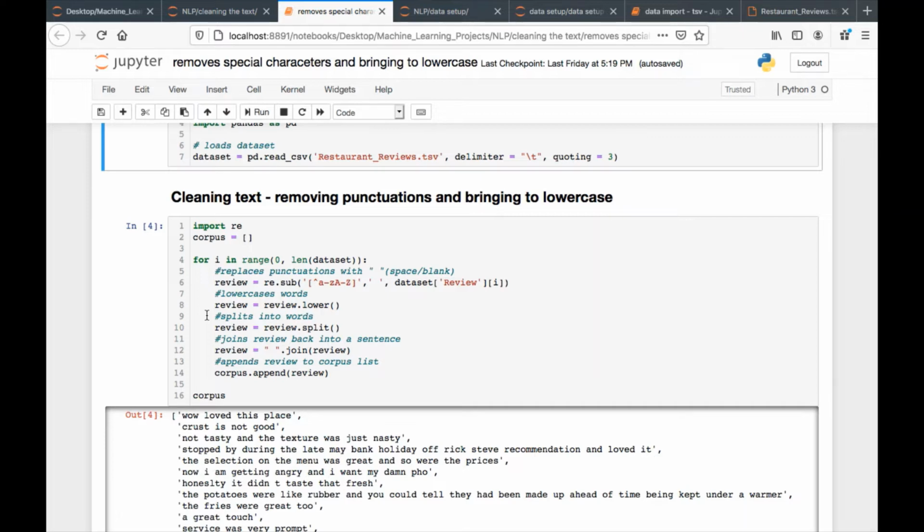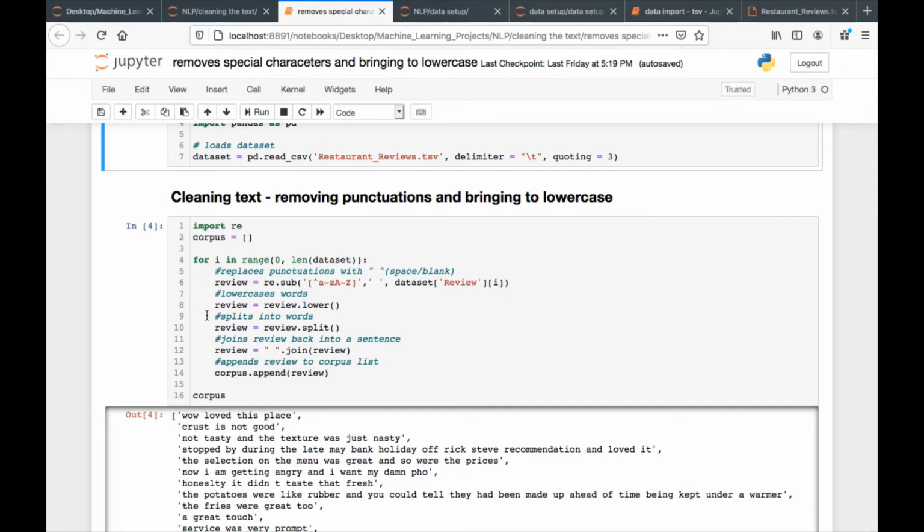But we don't want that. We want all these words which are technically the same to be in lowercase. So suppose the word enjoyed, one person has written enjoyed with a capital E, and the other person has written enjoyed with a lowercase e. Now these two should be considered equally.